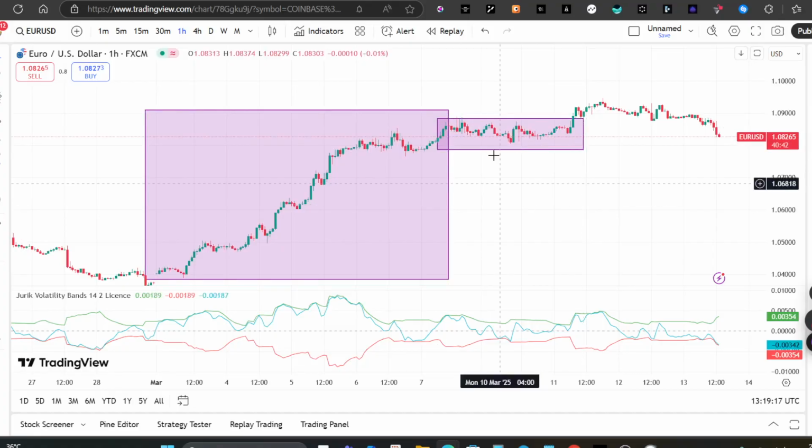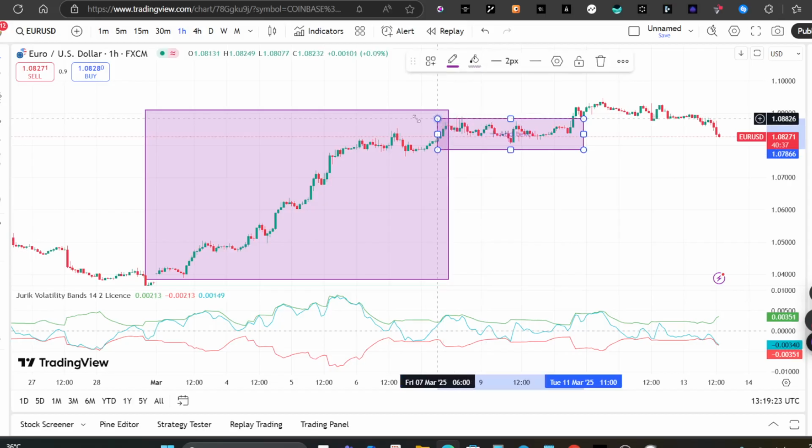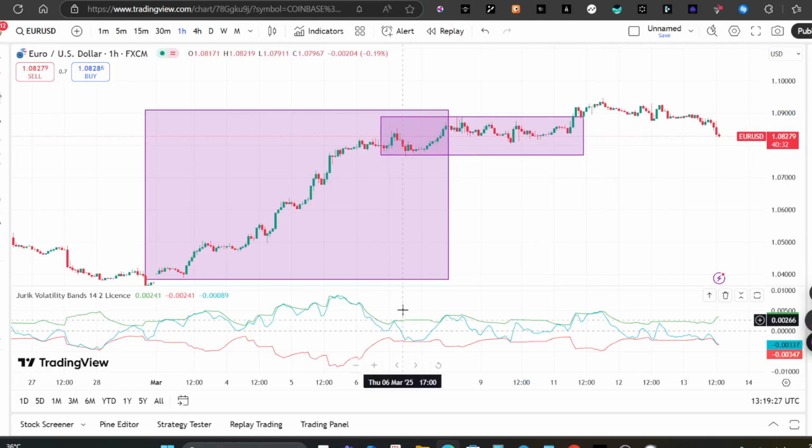Can you see? There was low volatility around here, and you can see how the bands tightened. In fact, I think it's going to be from somewhere around here, right? You can see the bands tightened when there was low volatility, but when volatility was high, you can see how the bands widened. Okay, so it helps you to stay on top of major price moves.